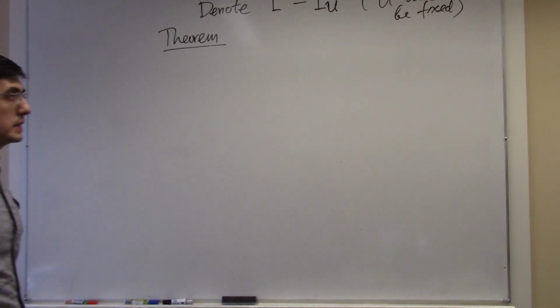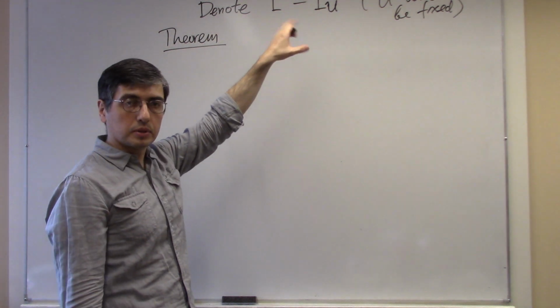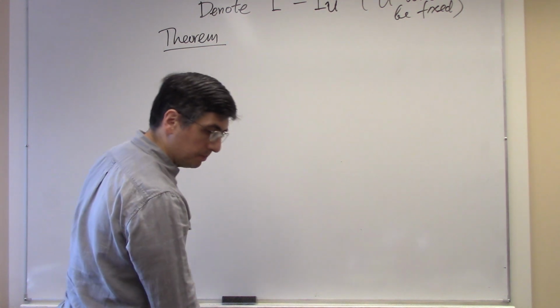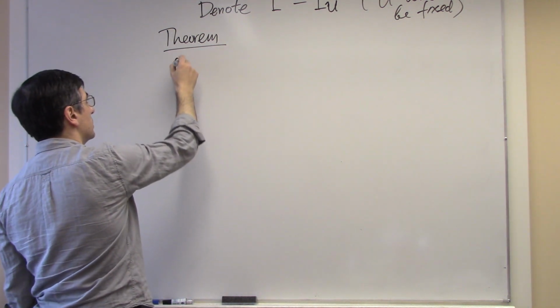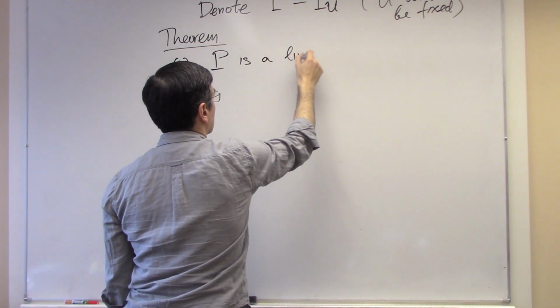We fix a subspace, and then we're looking at the orthogonal projection associated to U, and what are the properties? The first property is that P is a linear map.